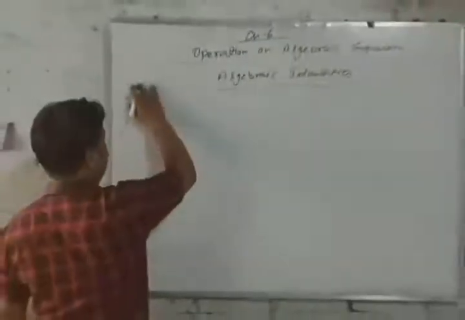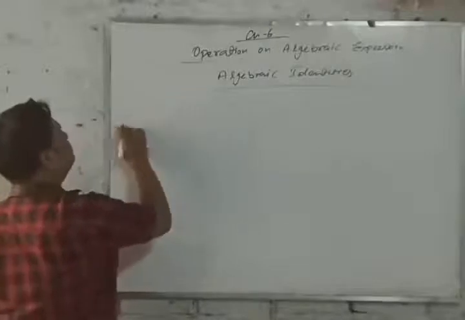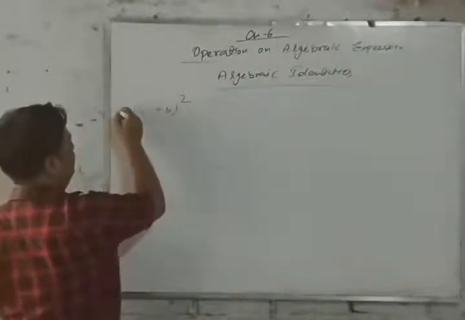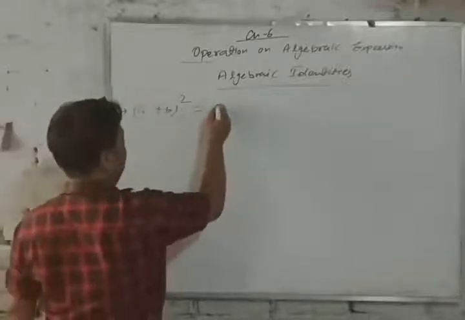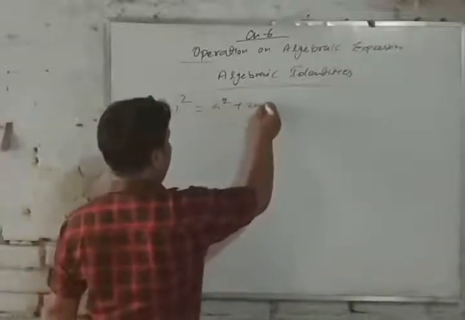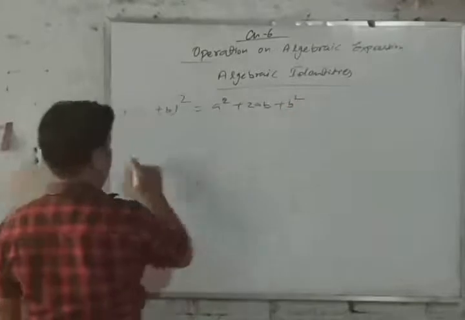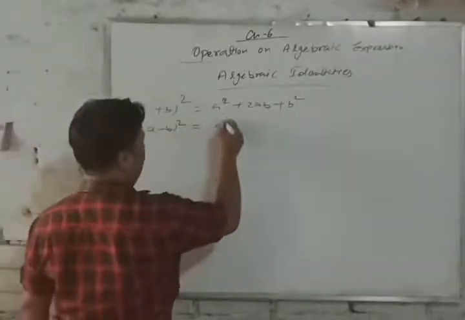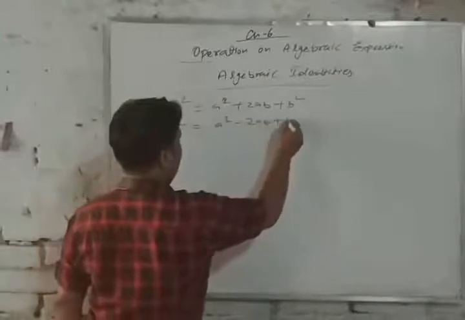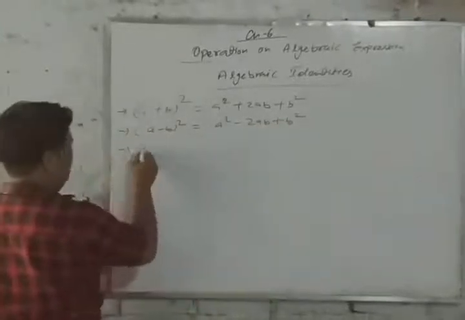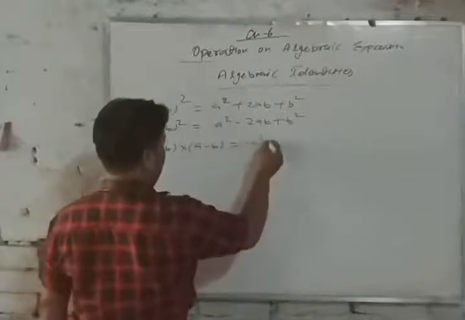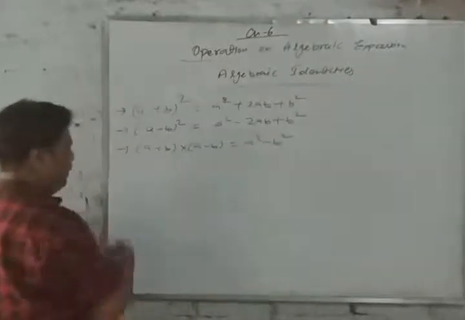At first, A plus B to the whole square is equal to A square plus 2AB plus B square. Then A minus B to the whole square is equal to A square minus 2AB plus B square. And A plus B into A minus B is equal to A square minus B square.